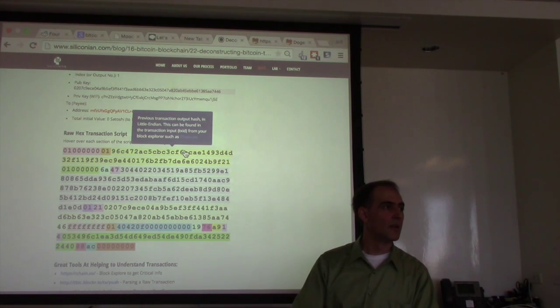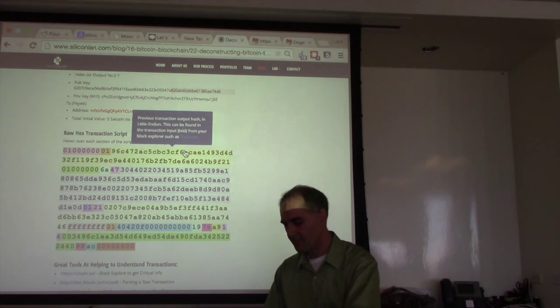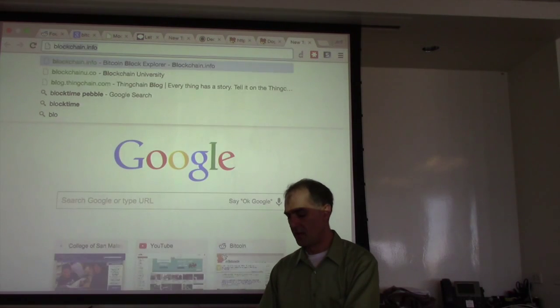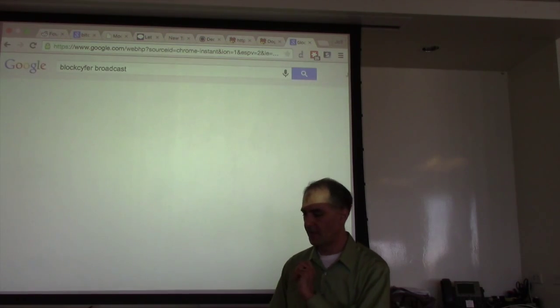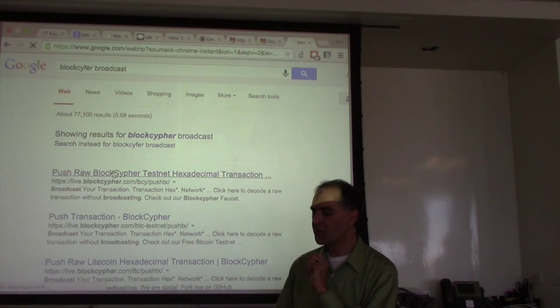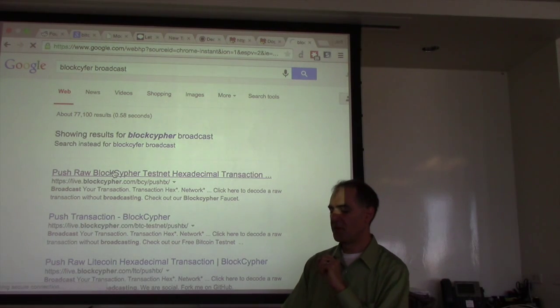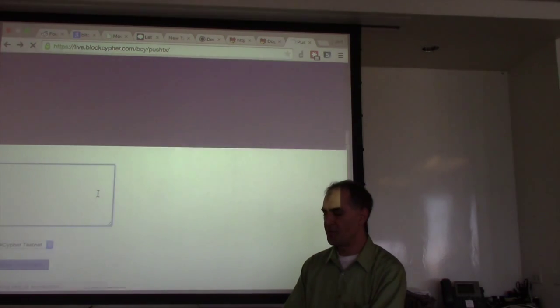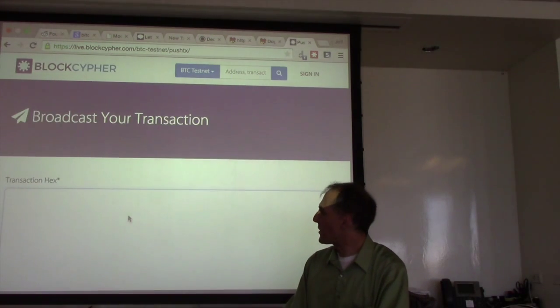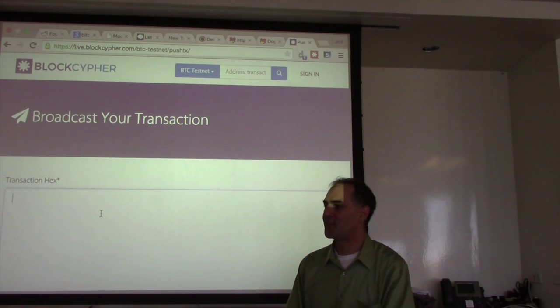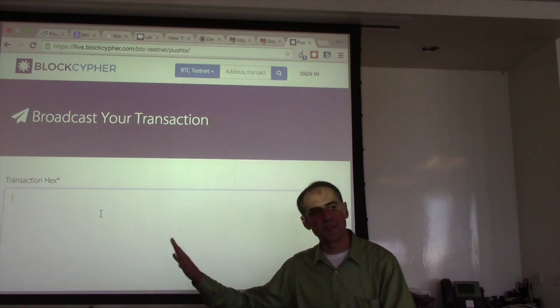Can you just grab that hex value and go to the Explorer and show where it is? You could literally write your own on a napkin, then copy it here and hit send, and it will push it out to the network.